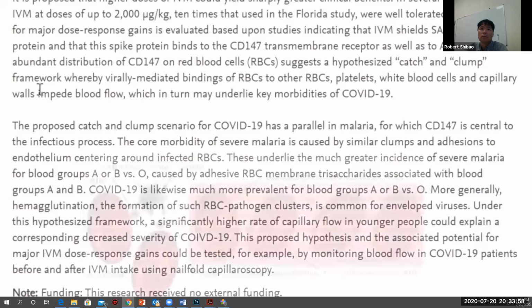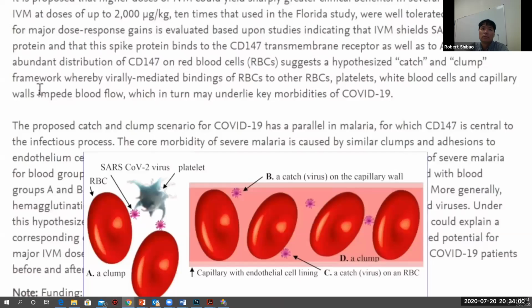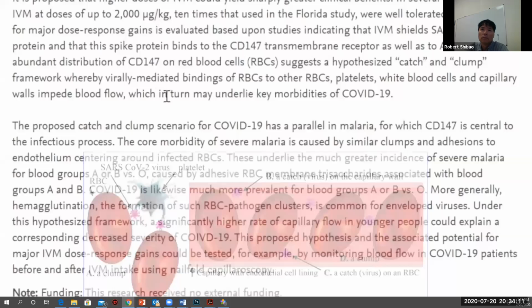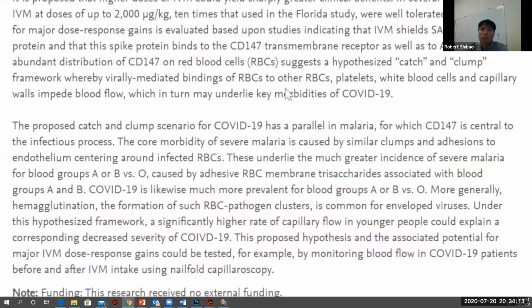So catch and clump meaning the virus catches the red blood cells by CD147 and then causes this clumping to occur, which may be the basis for this thrombosis. They say here, this framework whereby virally mediated bindings of red blood cells to other red blood cells, platelets, white blood cells, and capillary walls impede the blood flow, which in turn may underlie key morbidities of COVID-19.